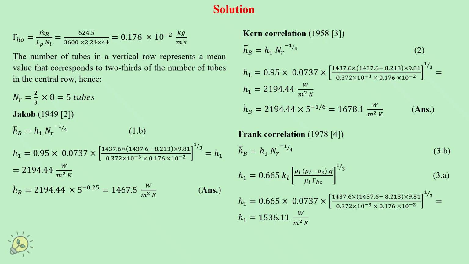Then it will be 1536.11 watt per meter square Kelvin, and h as a mean value is equal to 1027.3 watt per meter square Kelvin, and here we have N_R to the power quarter as well.